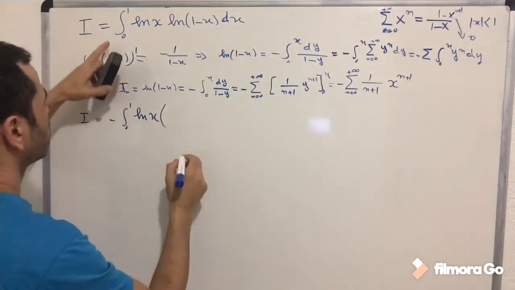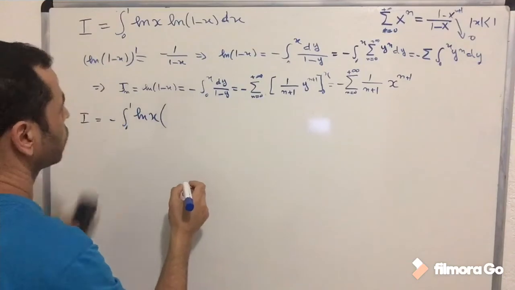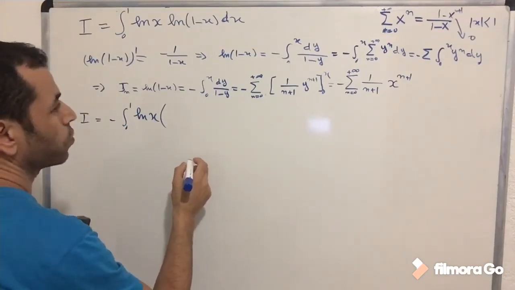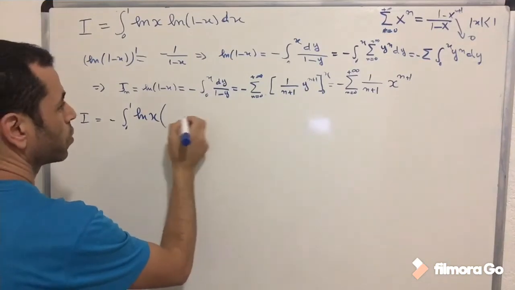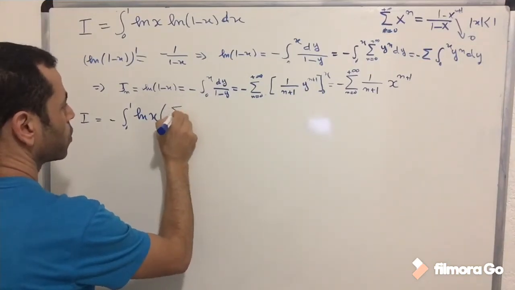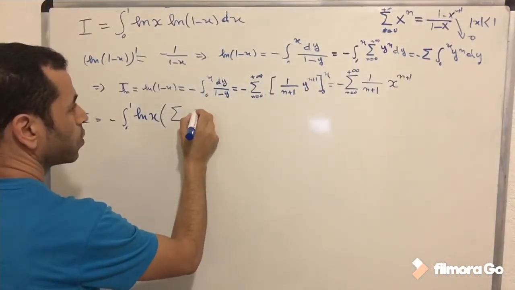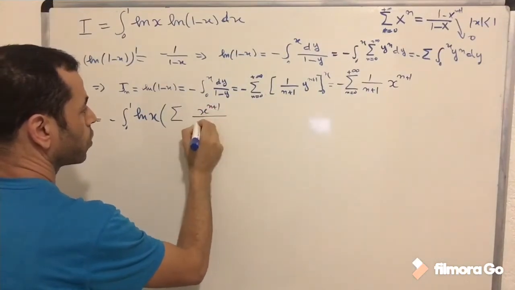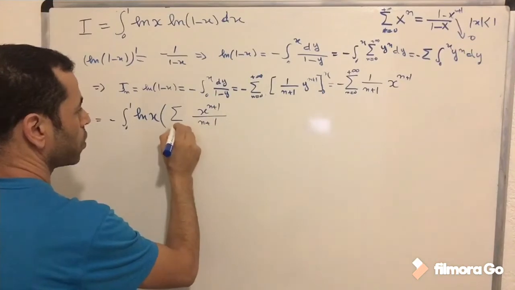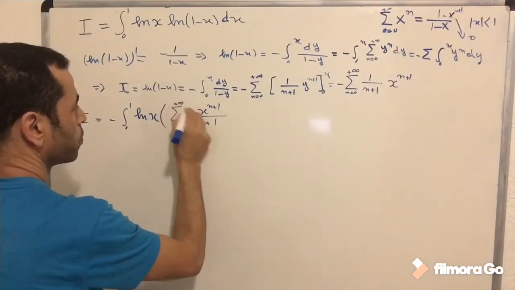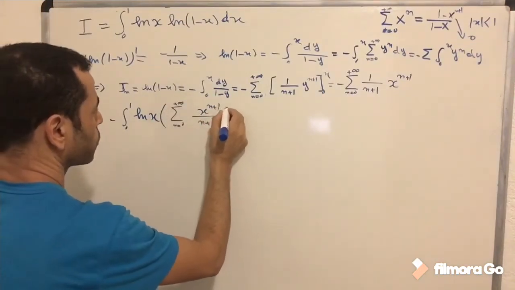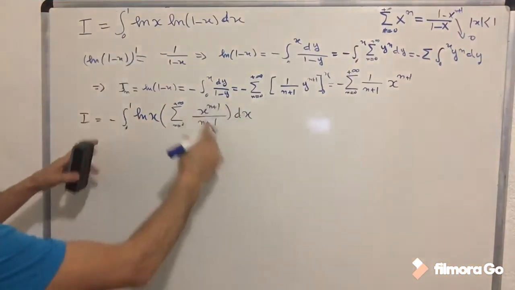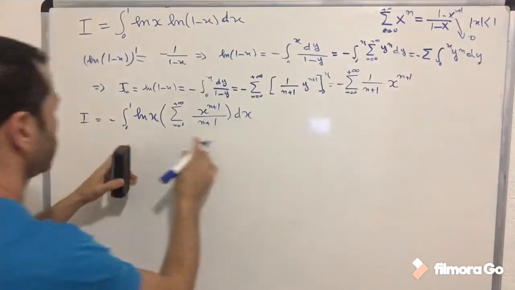Put the negative sign outside of the integral, so it becomes the sum of x to the n plus 1 over n plus 1, the whole thing dx.